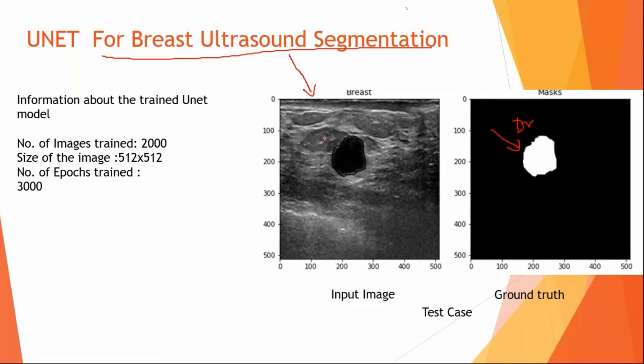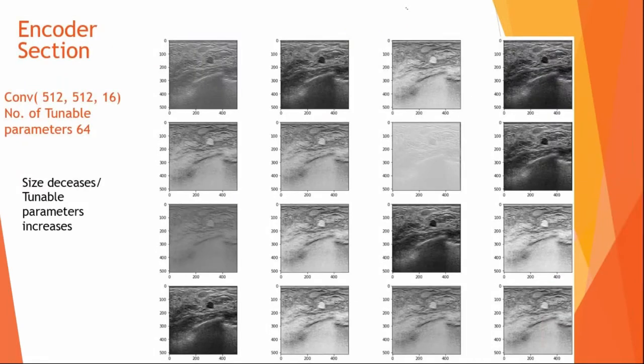So we trained on about 2,000 samples and ran across different epochs, and we took out the outputs at each stage of the UNet. This is the first thing, the encoder section here. This was the size we used. This was 16 different convolutions, and there are too many tunable parameters with it.